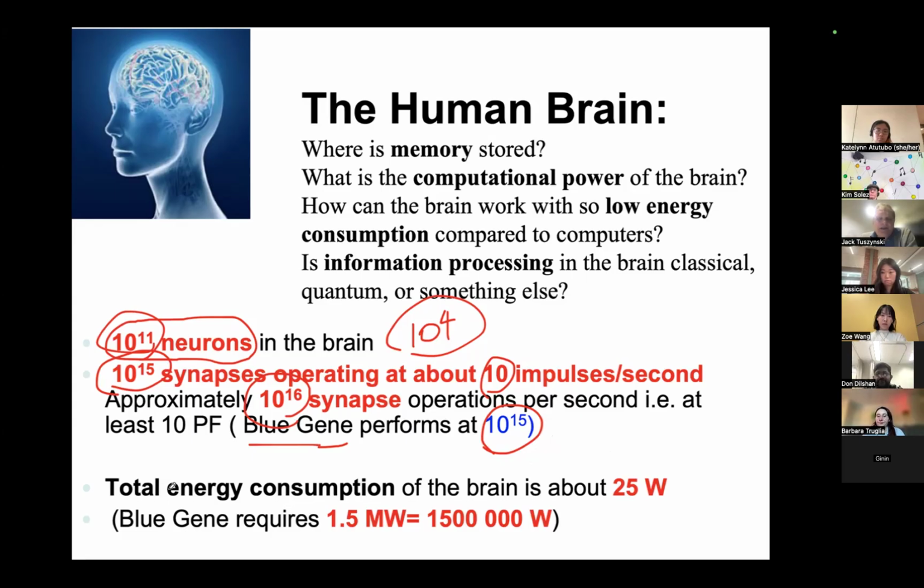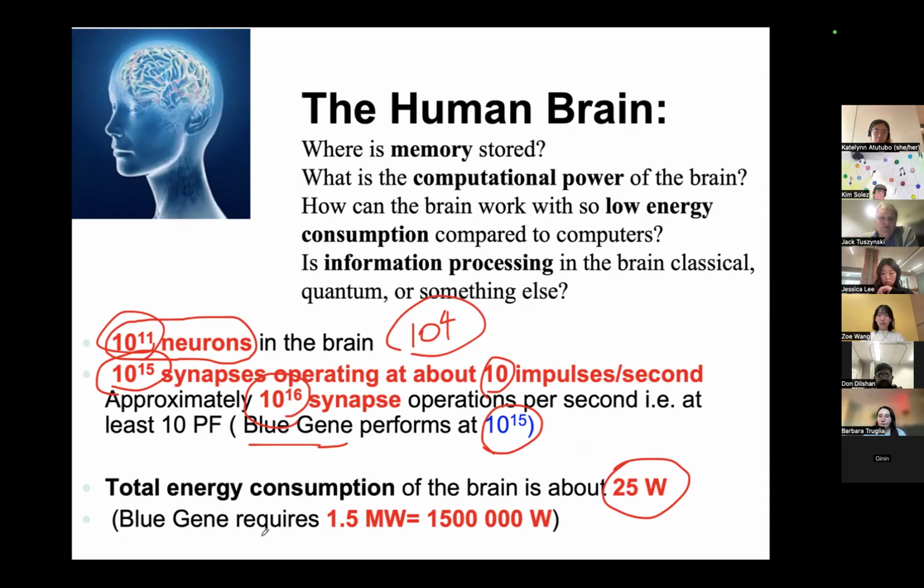But what is really astounding is that it can perform this many operations at a minuscule power consumption rate, namely 25 watts, which is about 25% of the human body's energy demand per unit of time. So 25 joules per second. That's equivalent to what a night lamp by your bed uses, and that's our brain's consumption rate.